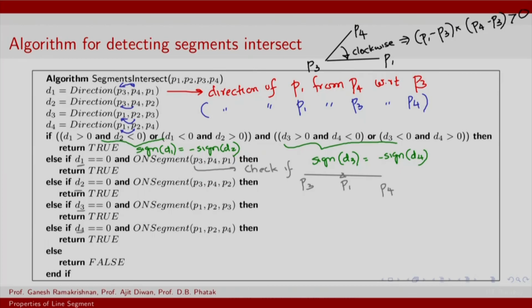If D2 is 0, you check if P2 is on the line segment P3 P4 and so on. In either of these four cases, again you know that the two line segments indeed intersect.